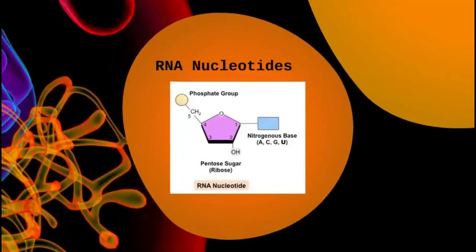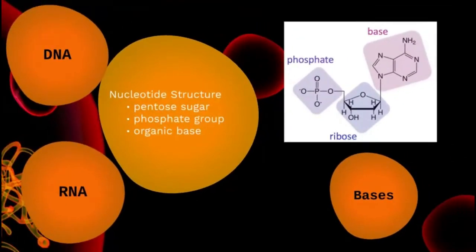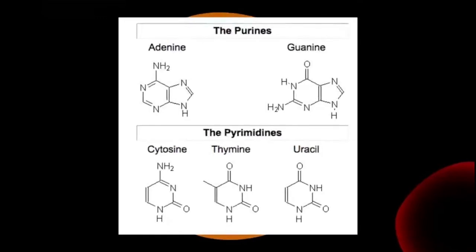So let's look at those bases in more detail. Some of you need to know that there are 2 different categories of bases. So this is everyone who isn't doing AQA. So all of the other exam boards, you need to know the difference between these 2 different groups of bases, and these are purines and pyrimidines.